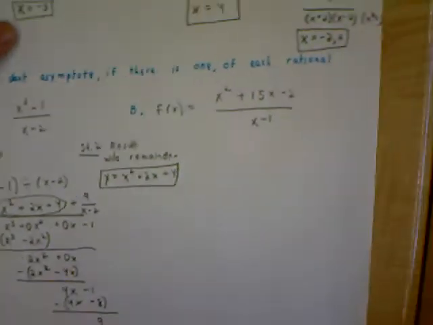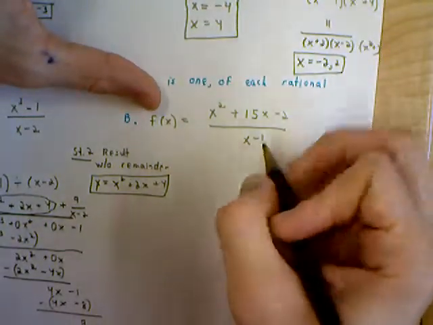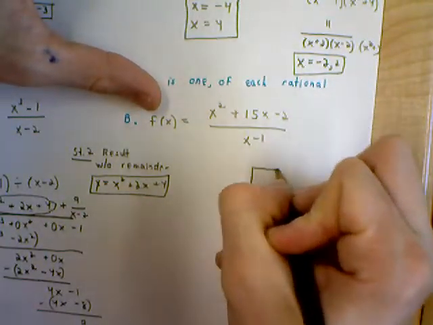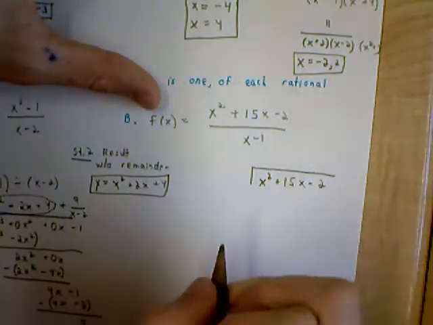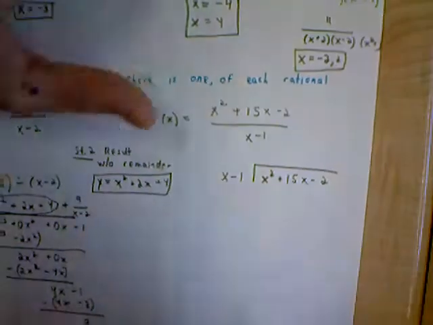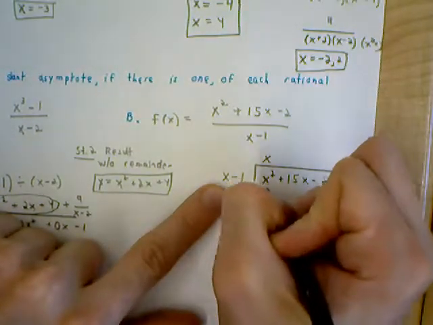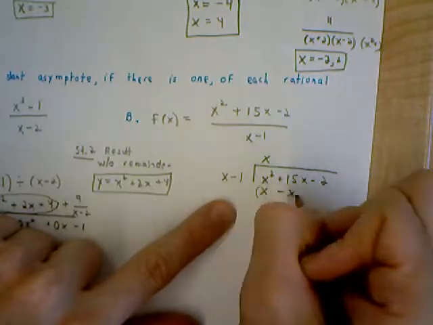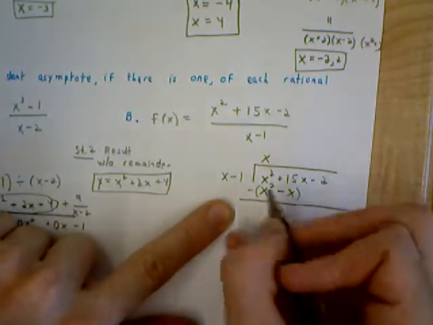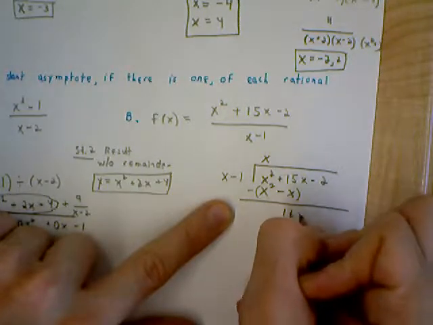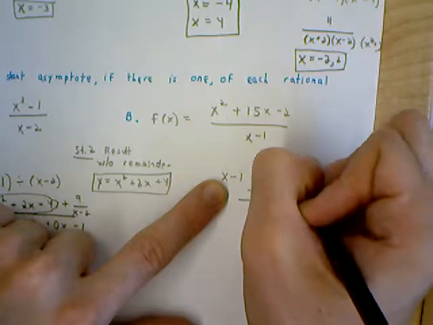Let's run through one more. So again, I'm just going to go ahead and divide these polynomials. So x minus 1: x goes into x squared x times, multiply it through, and subtract. 15 minus negative x is 16x. x times what is 16x? 16.